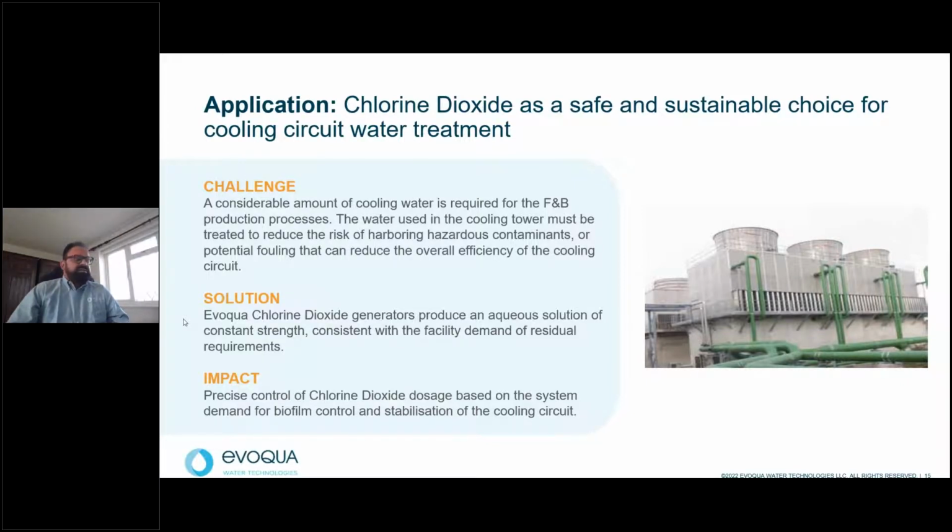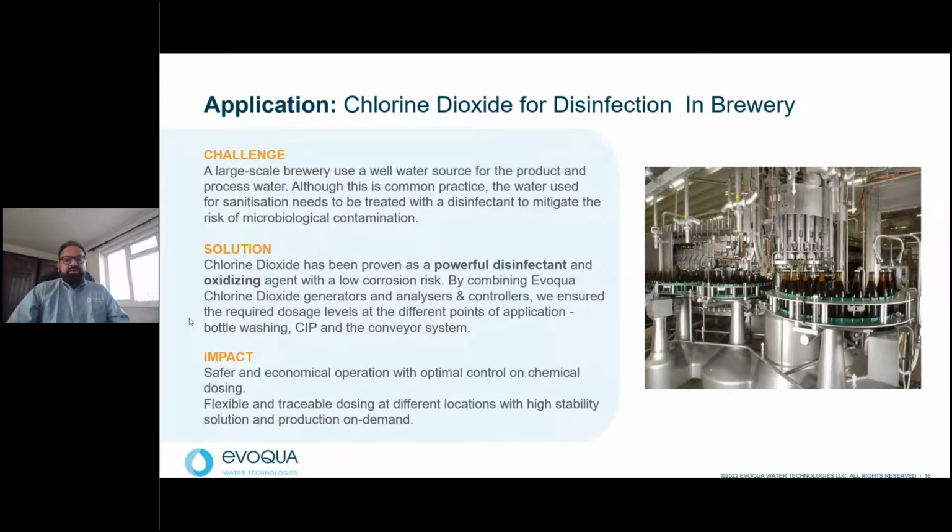Our second case is on a completely different application than the previous one. Here, it's a large brewery application wherein chlorine dioxide is used for rinsing and cleaning of the bottles. Since this is a large facility, it had a requirement of multiple dosing points.